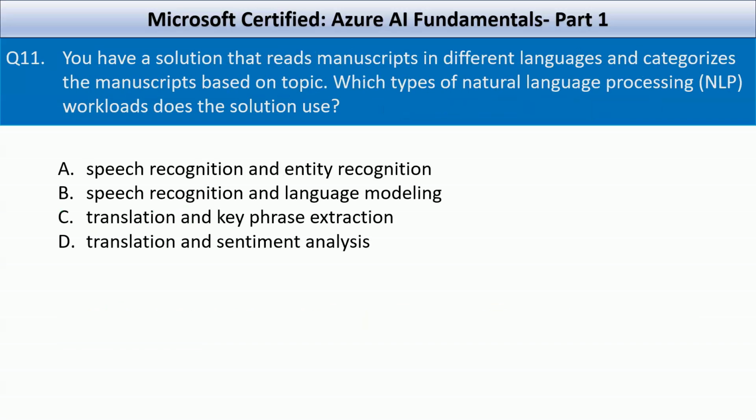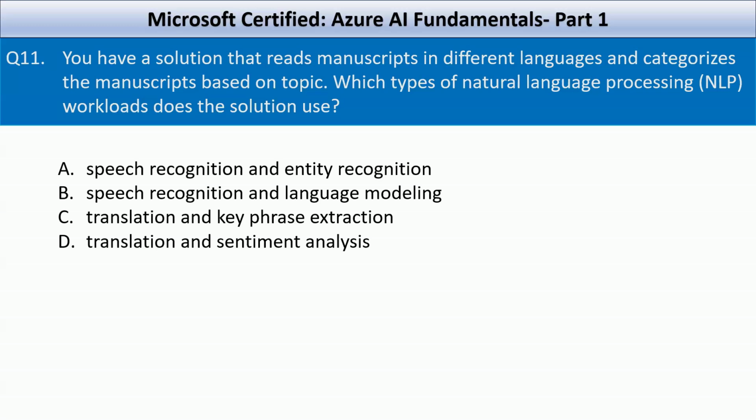Next question. You have a solution that reads manuscripts in different languages and categorizes the manuscripts based on topic. Which type of natural language processing workloads does the solution use? Your options are speech recognition and entity recognition, speech recognition and language modeling, translation and key phrase extraction, translation and sentiment analysis.